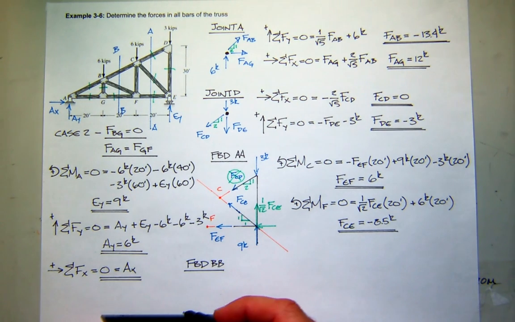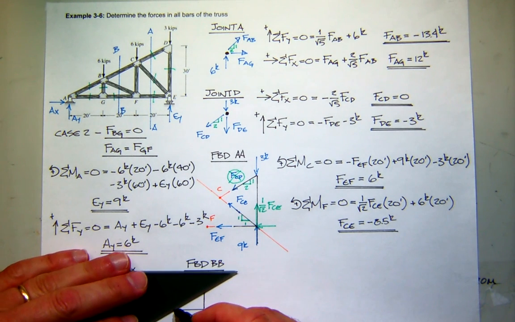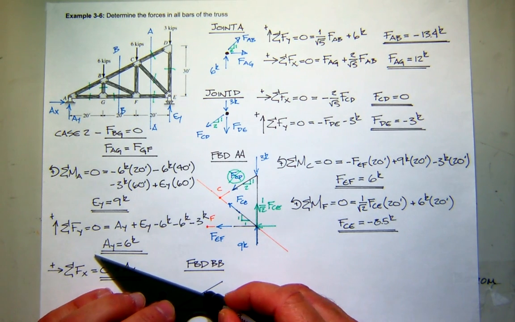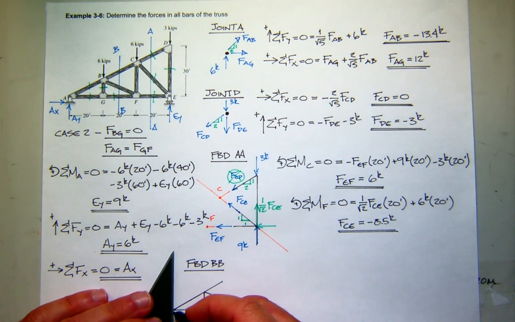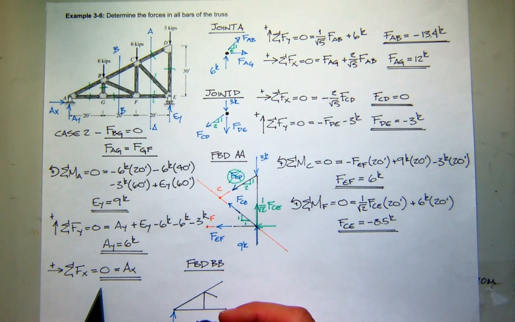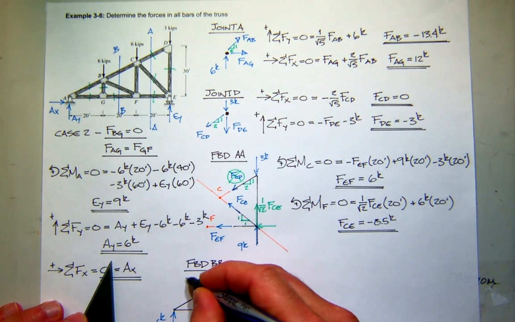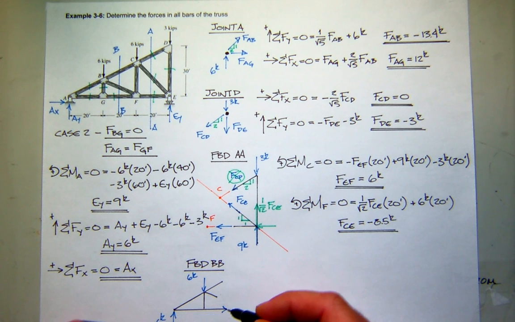So in that case, our free body diagram looks something like this. So the applied forces are my reaction at A. In the y direction, that is 6. And I have a 6 kip at B. And then I have my forces.